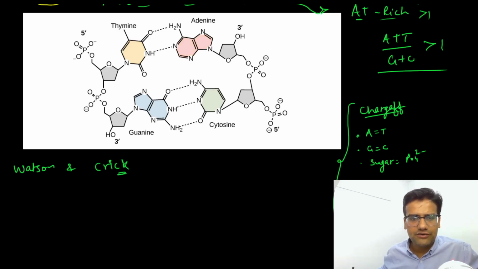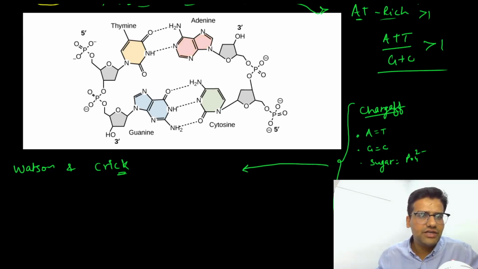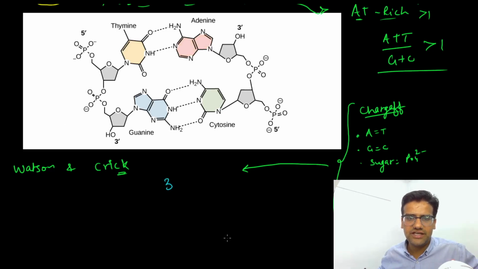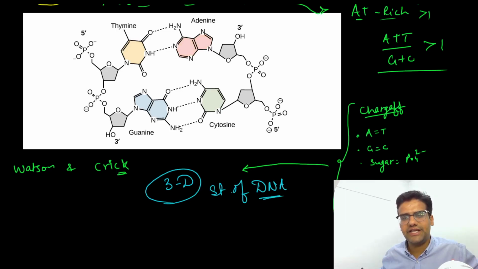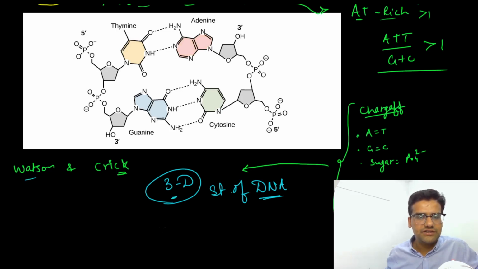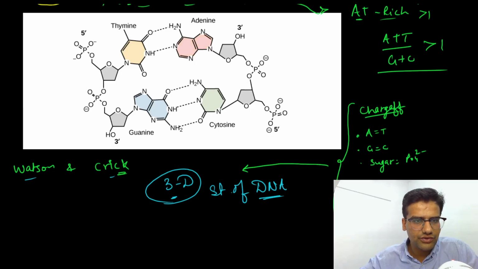Based upon this information, Watson and Crick gave the three-dimensional structure of DNA. In the next class, we will talk about exactly what the Watson and Crick structure was, that is the three-dimensional structure of DNA.